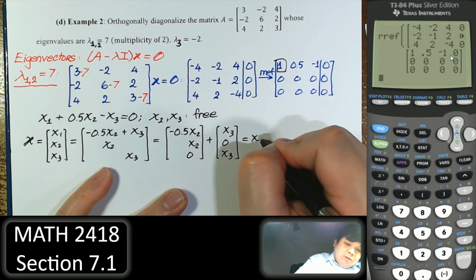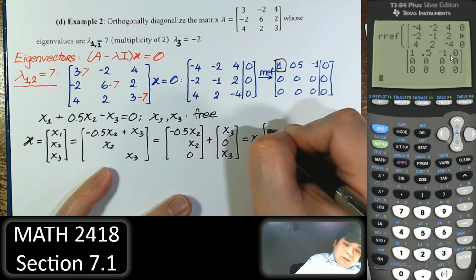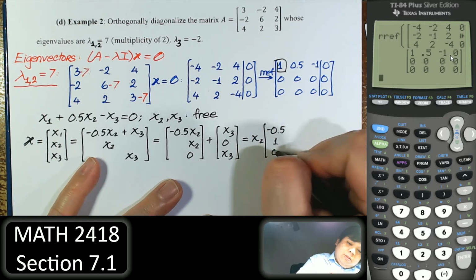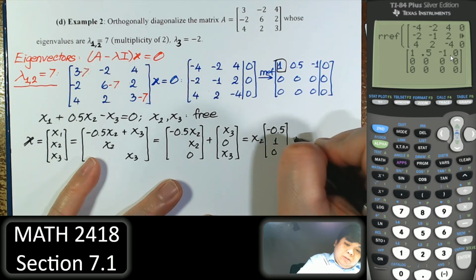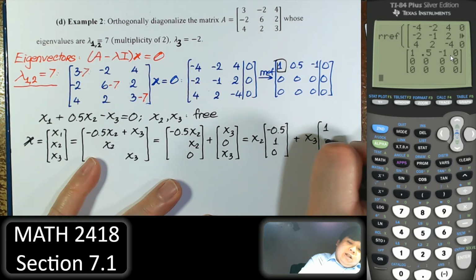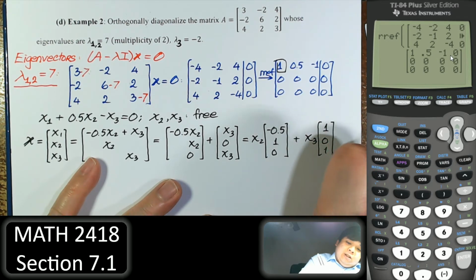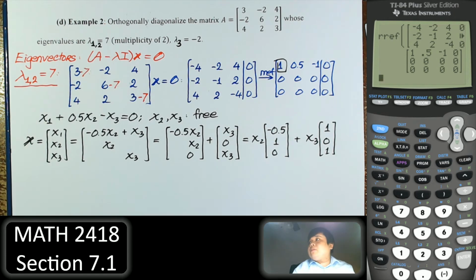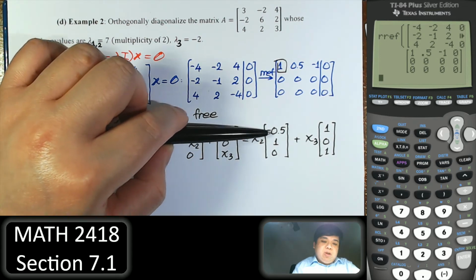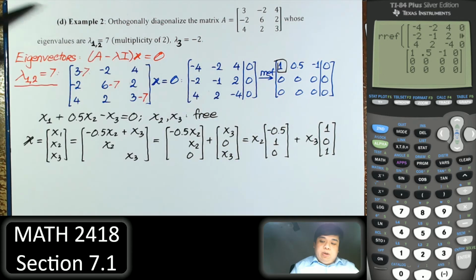Factor out x2. So we do have two eigenvectors here. Now, of course, we choose x2 to be something so we don't have a fraction, so choose x2 to be 2.